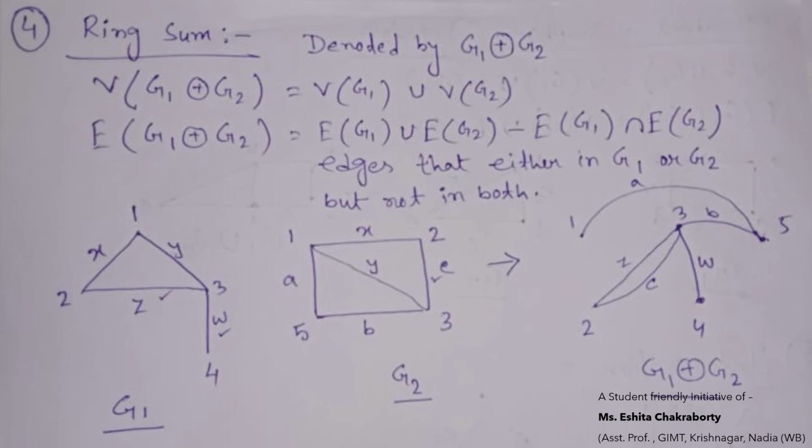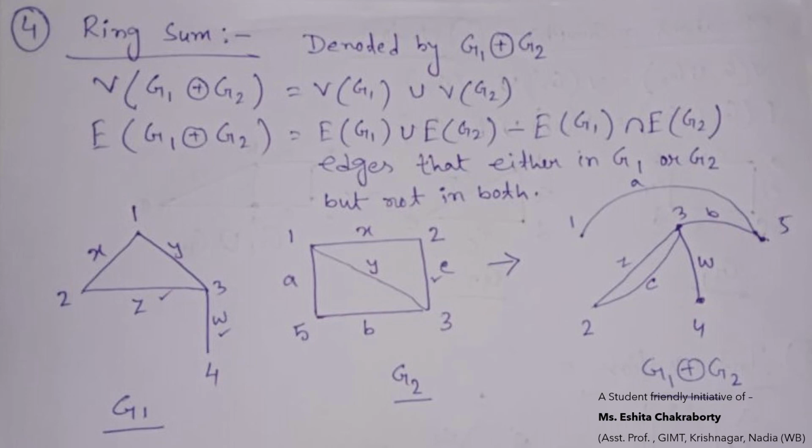So in this example we take two graphs G1 and G2. You can see in G1 we have the vertices 1, 2, 3, 4 and the corresponding edges, and in graph G2 we take 1, 2, 3, 5 as vertices and their corresponding edges.